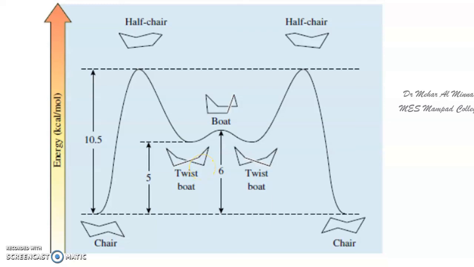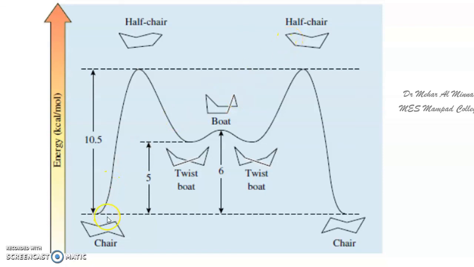And almost 99% of the molecules exist in the chair form. So that's the most stable conformation. Chair is the most stable, half chair is the least stable, and the order of stability is: chair, twist boat, boat, half chair. That is the order of stability: chair, twist boat, boat, half chair.